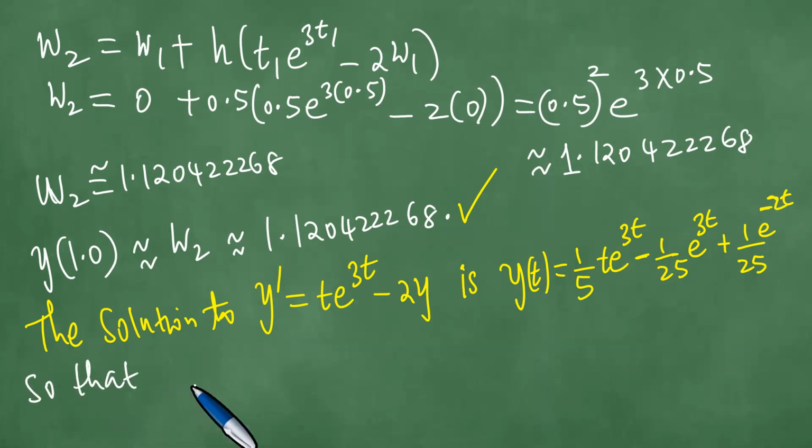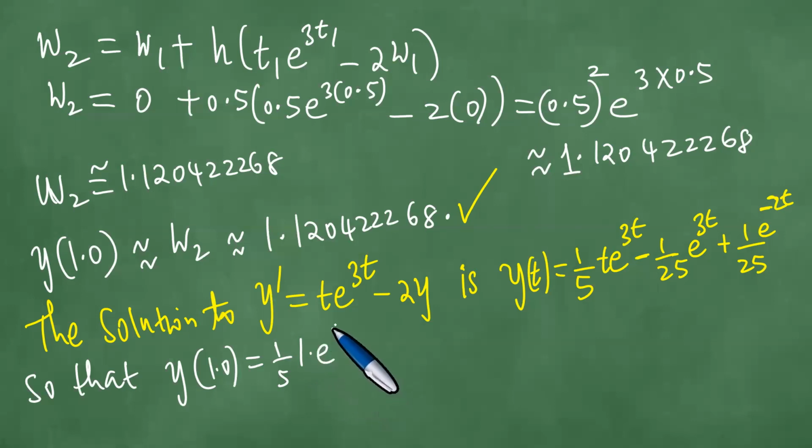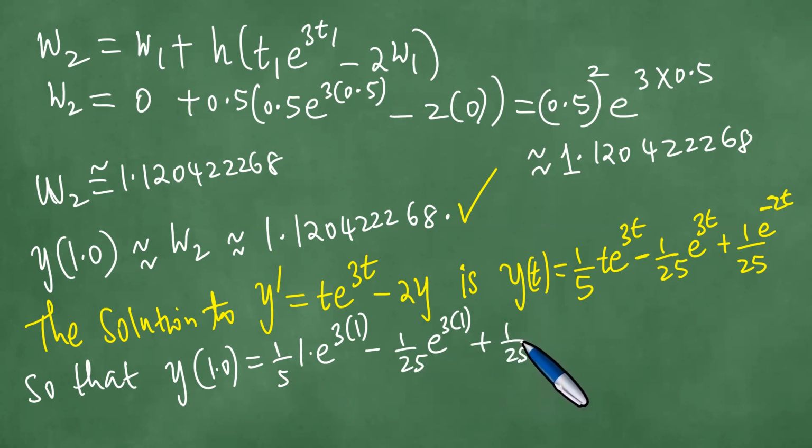So let's look at y at 1.0. Find that one, 1.0, which is 1/5 e^3 minus 1/25 e^3, times 1/25, 1.